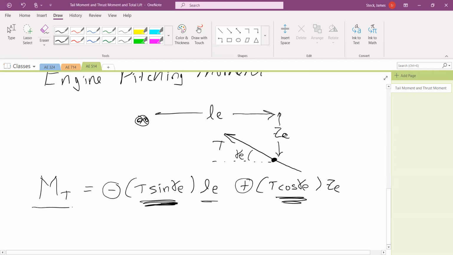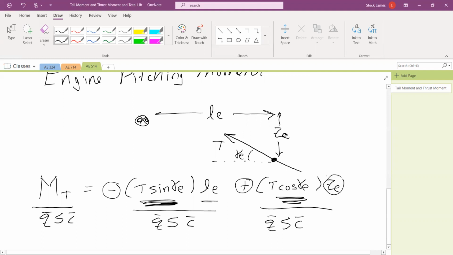And then we divide this whole thing to get a coefficient. And the C bar non-dimensionalizes these moment arm distances. And the Q bar S non-dimensionalizes the thrust force.